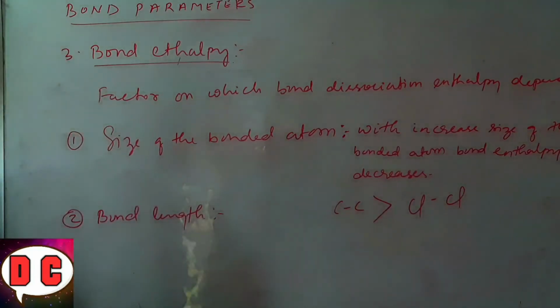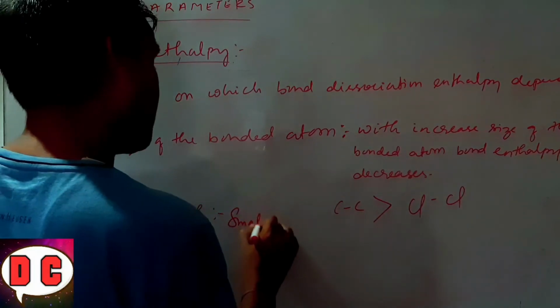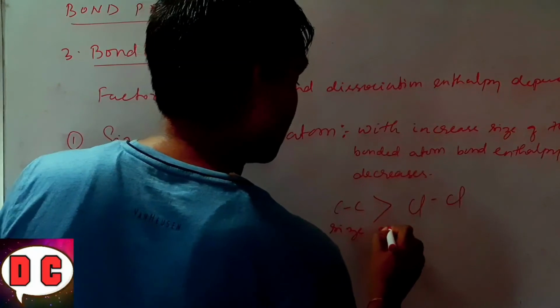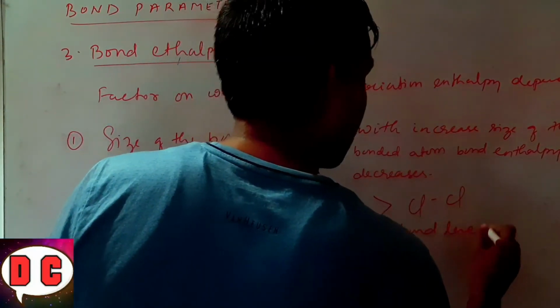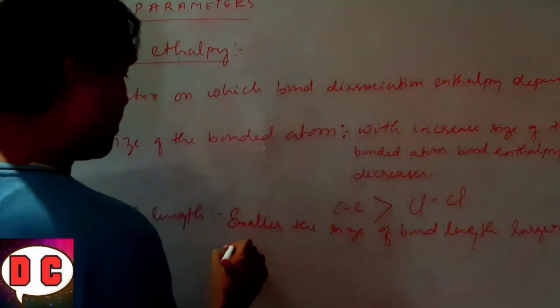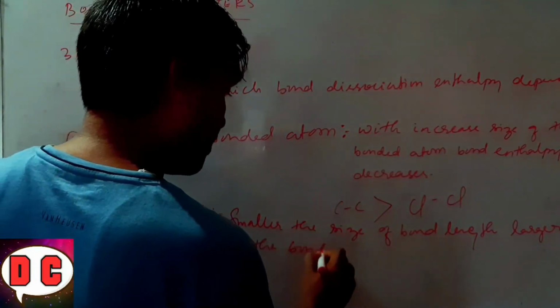For example, you can write it: smaller the bond length, larger is the bond enthalpy.